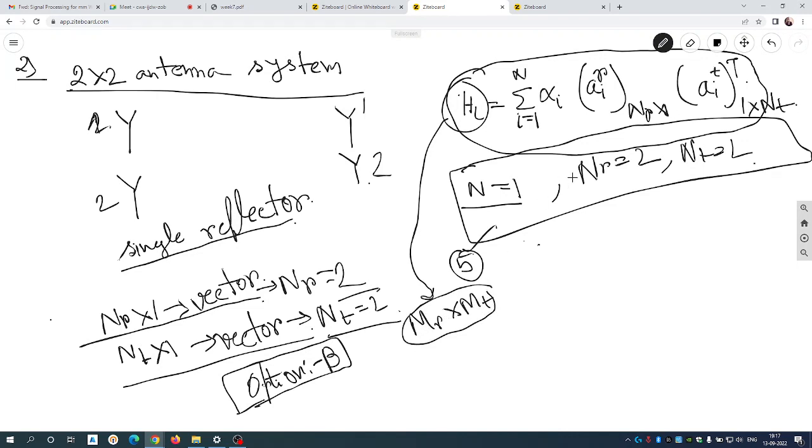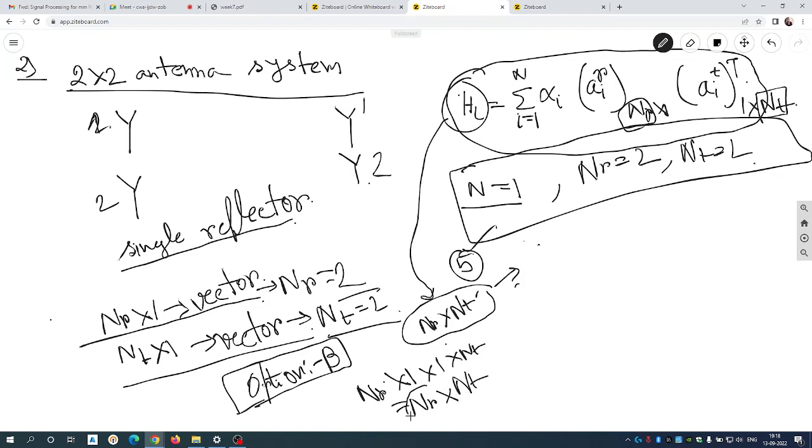If there are MR and MT antennas, the dimension of the channel matrix will be MR cross MT. For this case, as we have discussed, the dimension of the channel matrix is NR cross NT, because of this configuration it has NR terms and NT terms. So the channel matrix becomes NR cross 1 into 1 cross NT, so the dimension of the channel matrix here is NR cross NT.